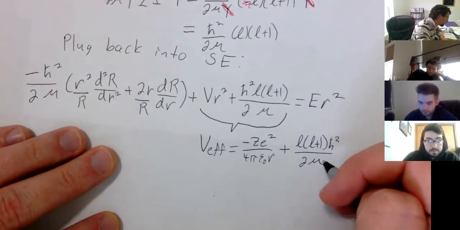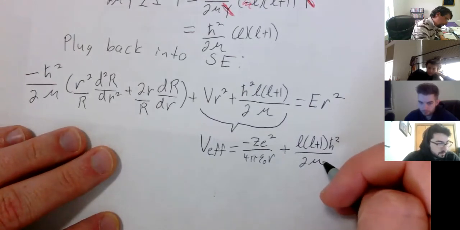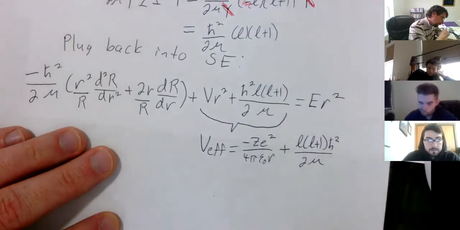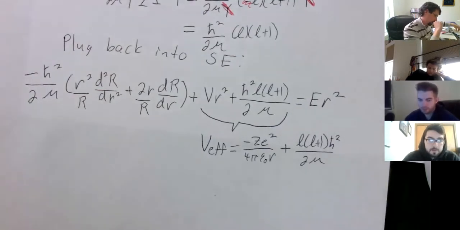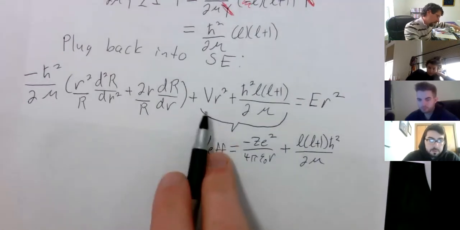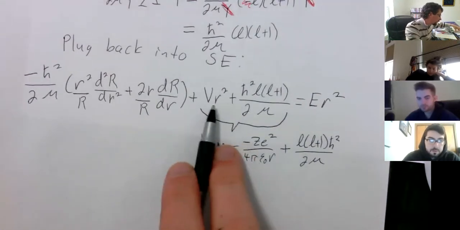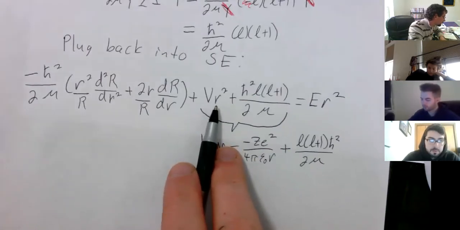So those r's don't cancel? The first part, because that's like what V equals, shouldn't that be multiplied by r squared? Yes, there is an r squared. Oh, so where does that r squared go? Good question.